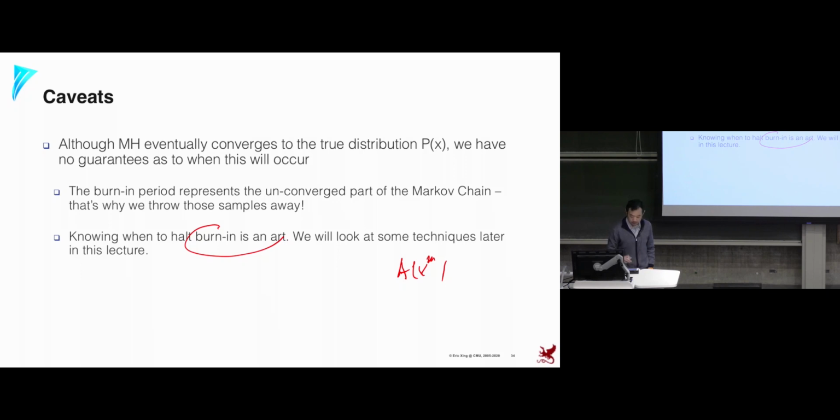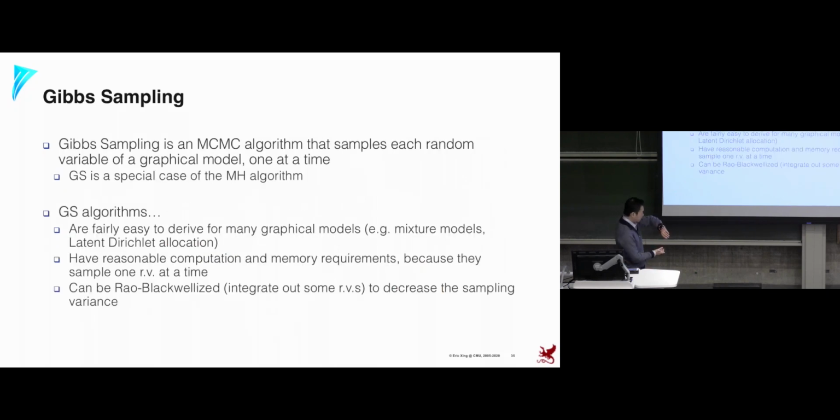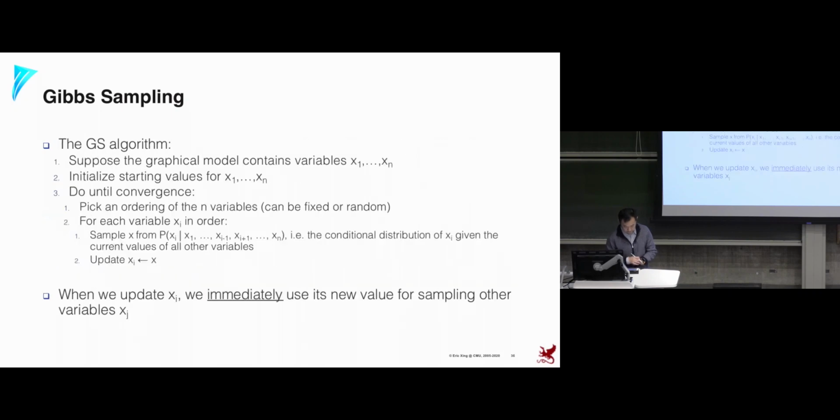Right? People don't like it. So I'm going to show you, with the remaining 10 minutes, another algorithm called Gibbs sampling, which overcomes some of these issues. Again, it's a very, very easy algorithm.